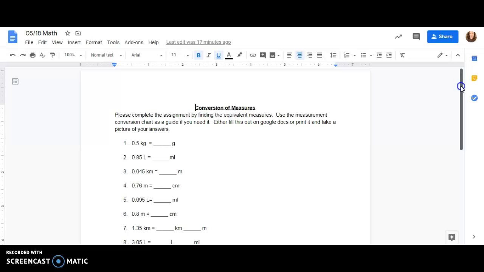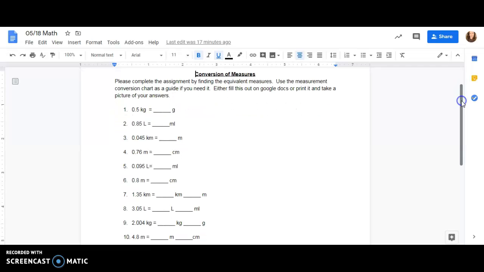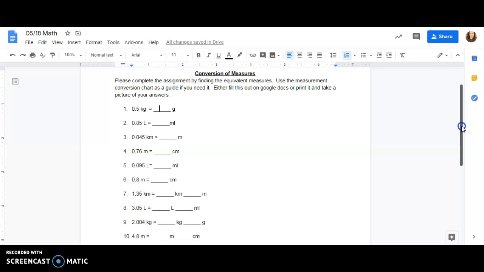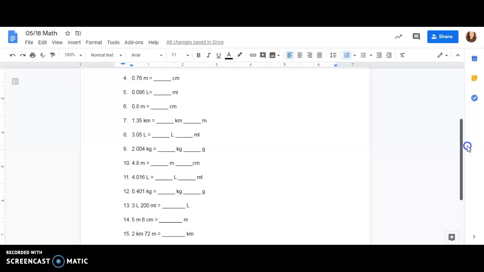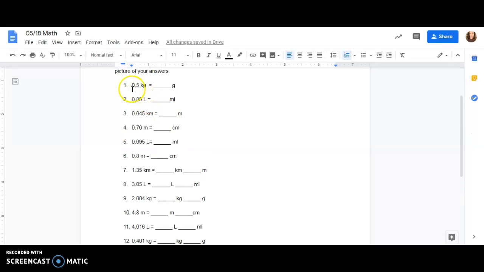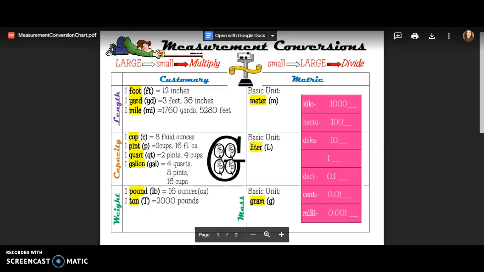I put lines here so you could see where to answer, though you can still type on there, or you can print it and take a picture. There are 16 total problems here. The first is 5/10 kilograms equals how many grams. Again, if you need to, go back to your measurement chart and see what you can do.